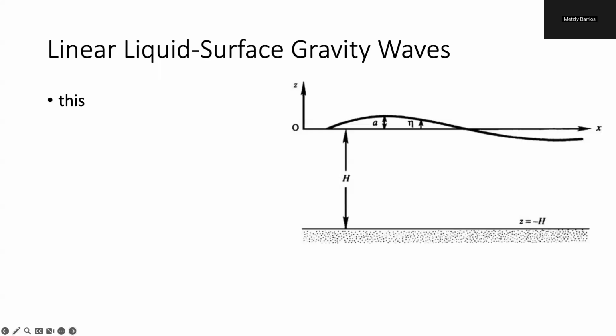It is not the bottom here that I care about. This is a surface, this is a solid. That's not the one I care about. I care about this surface. This is the surface under which I believe there will be a wave, and the reason for that is we're going to create one. We are going to create a small amplitude, and we're going to ask how it propagates.